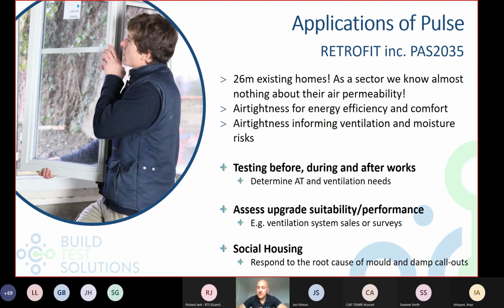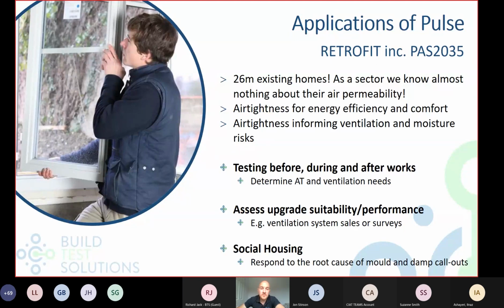So that's a massive step change from where we are in needing to increase industry-wide capability to measure existing buildings. Both for the energy efficiency and comfort side of things, but also the ventilation and moisture risk side.